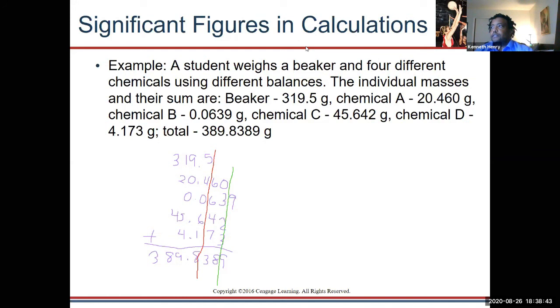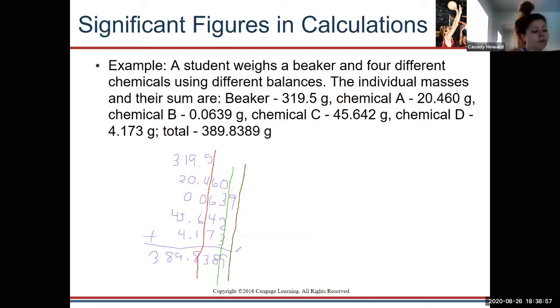After the 9, that's correct. The next one? After the 2. Okay, so the green line. And then the next one? After the 3. Also the green line. Okay, so which one am I going to use? The red one.